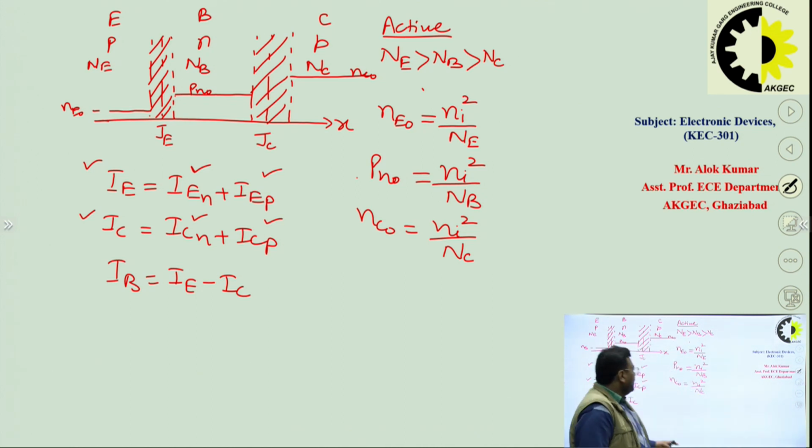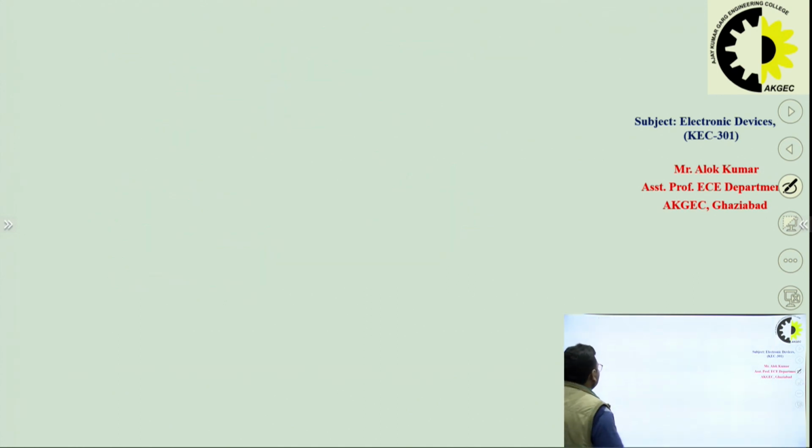First of all, we will take IEN. What will be IEN? IEN should be equal to Q into A into Dn into del n by del x.